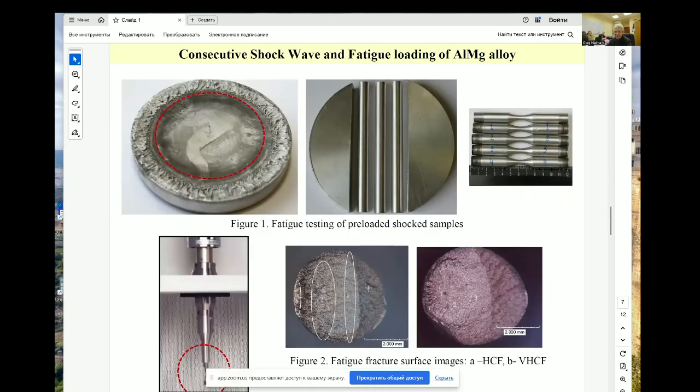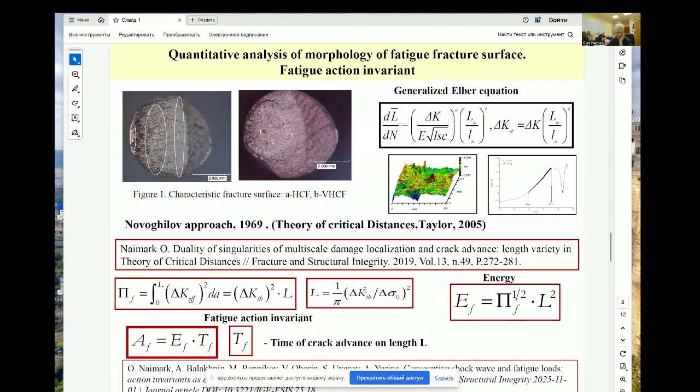It was very important. Why? Because in this case, we had the opportunity to estimate both invariants for fatigue loads, using the traditional stress intensity factor parameters and an additional parameter which corresponds to the characteristic area at the crack tip, which provides crack propagation.